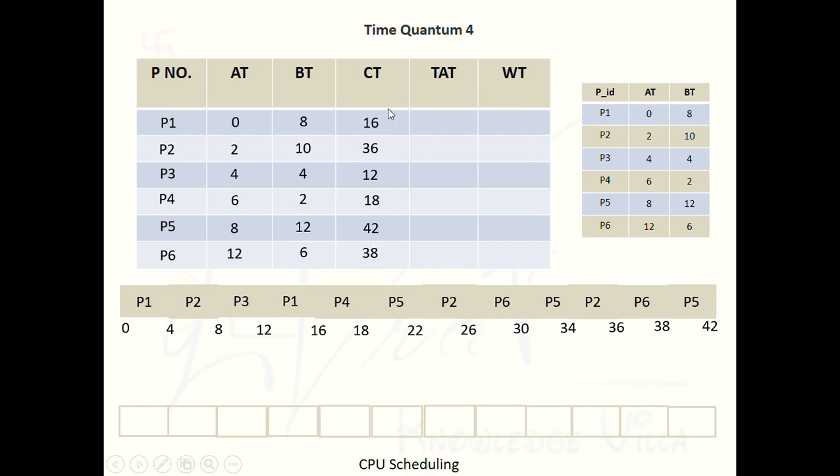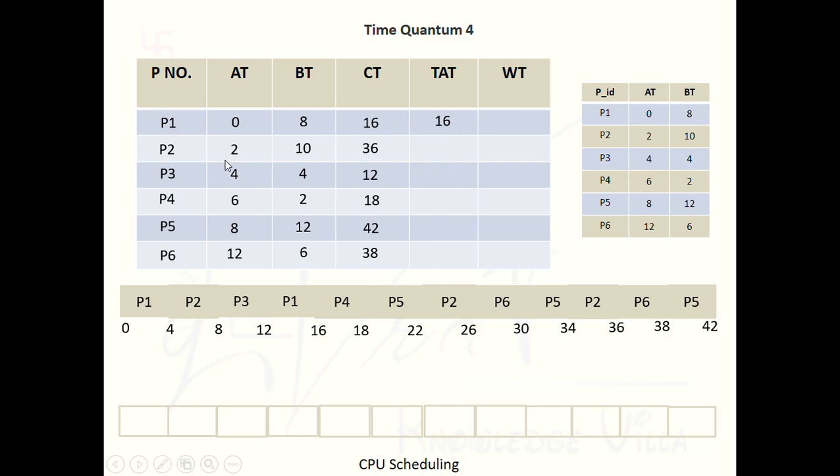Now we have the completion time for all 6 processes, so we are able to find the turnaround time. As per the earlier video, the equation of turnaround time is completion time minus arrival time. So we will find the turnaround time for process P1: 16 minus 0 is 16.